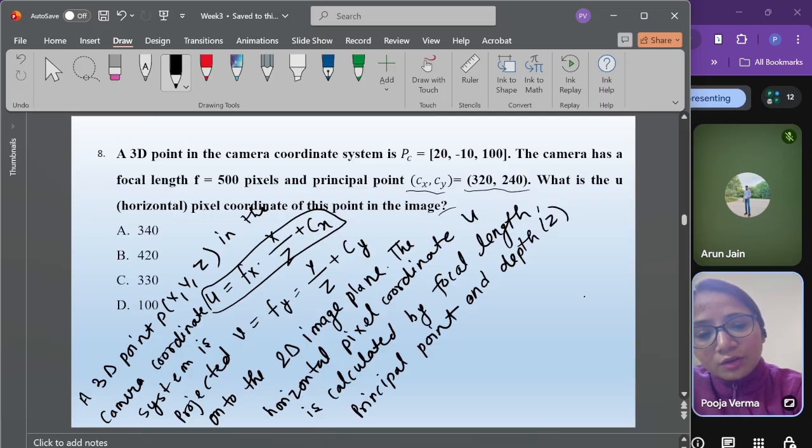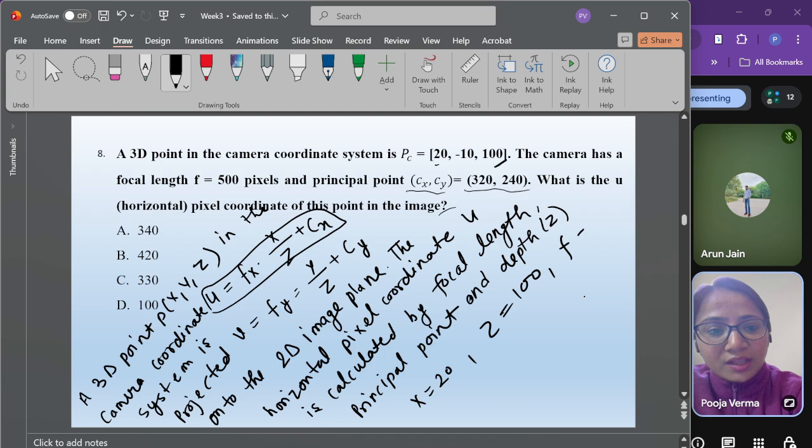Okay, so all values are already given. X is given as 20 here, Z is 100, focal length f is 500 pixels and Cx is 320. So we need to just put these in this equation. f is 500 times 20 over Z, which is 100, plus Cx, that is 320.